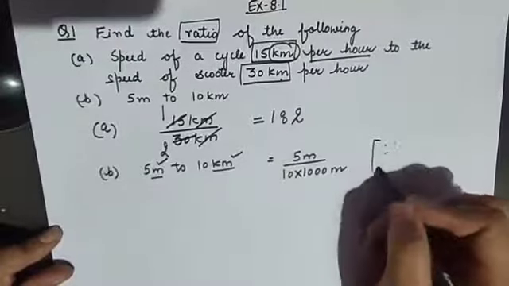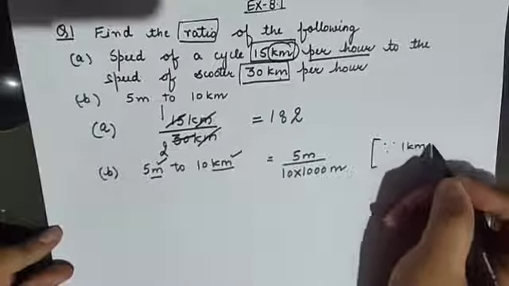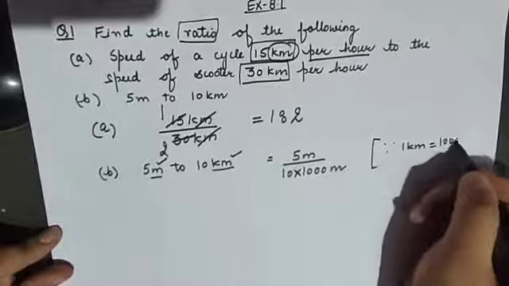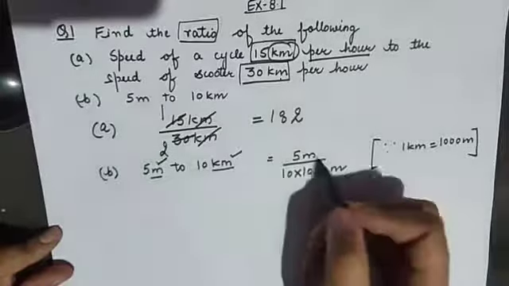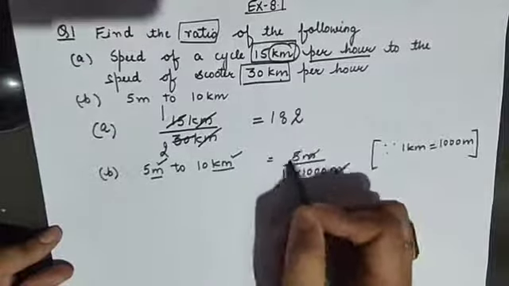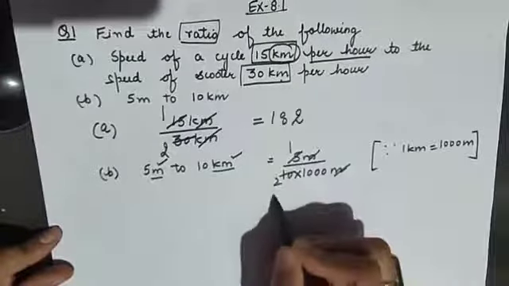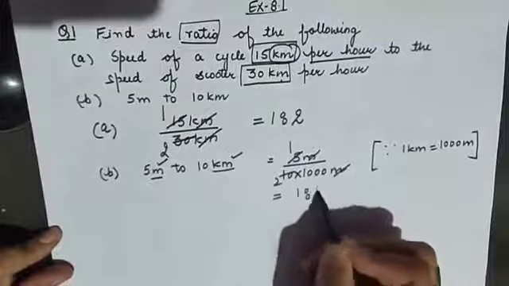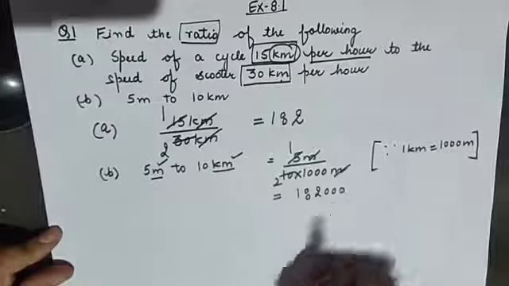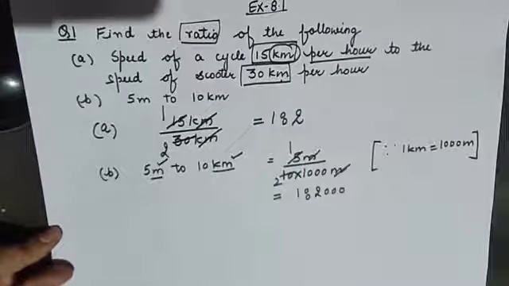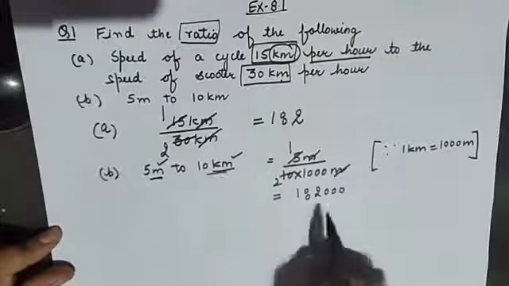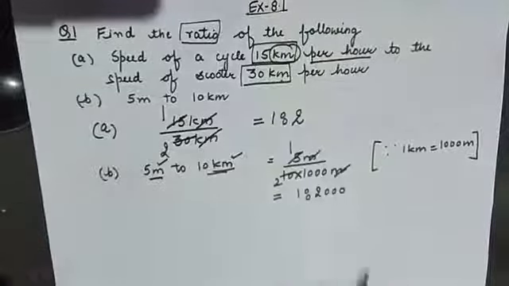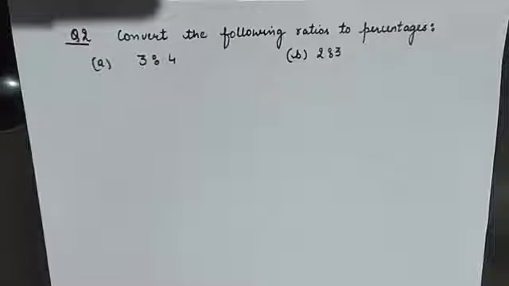Because you know that 1 kilometer is equal to 1000 meter. After this I will cancel the same units, 5 ones are 5 and 5 twos are 10, so it will be 1:2000. So this is the ratio when I compare 5 meter and 10 kilometer.